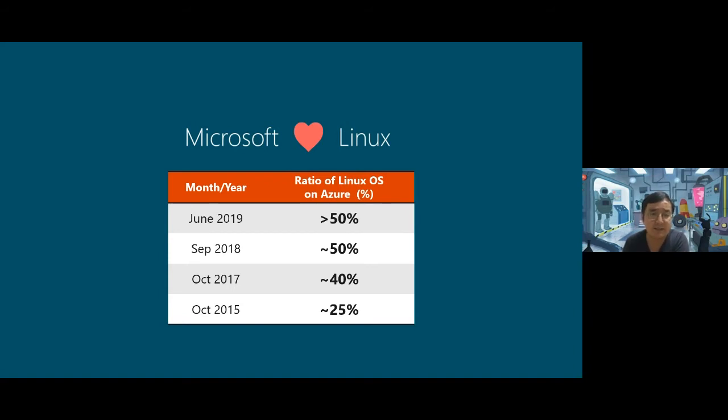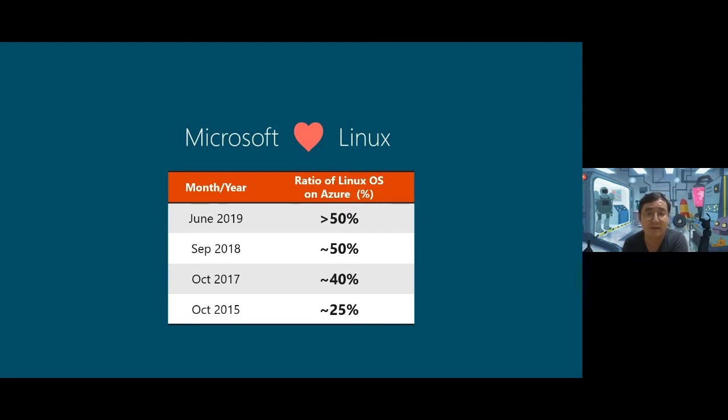This is some statistics which were disclosed on the Linux kernel mailing list in June 2019: the ratio of Linux operating systems on top of Azure is more than 50%. So it means that now Microsoft really loves Linux.